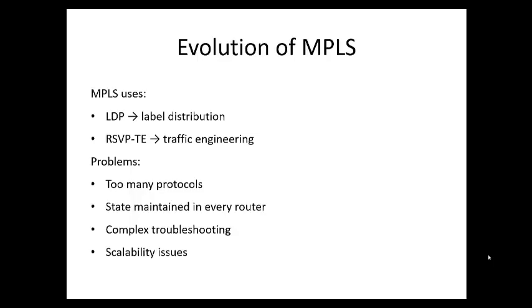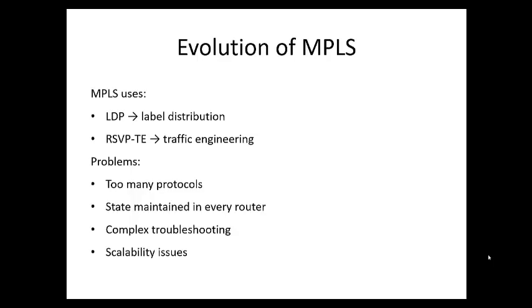We have an IGP protocol to provide you the best route. On top of that, we have MPLS LDP. On top of that, we have RSVP. So this is not that good for those developers who want to automate this.